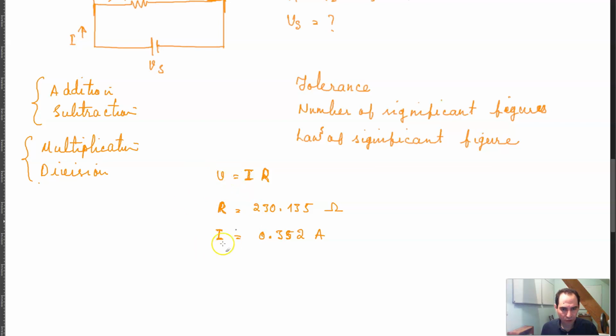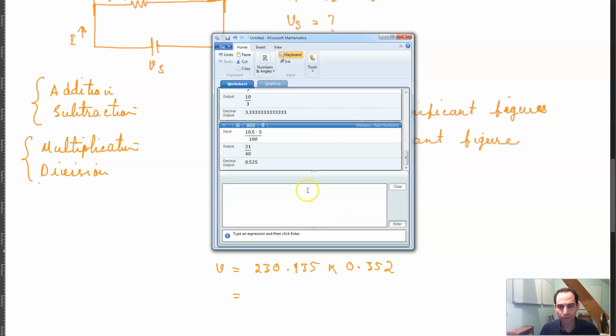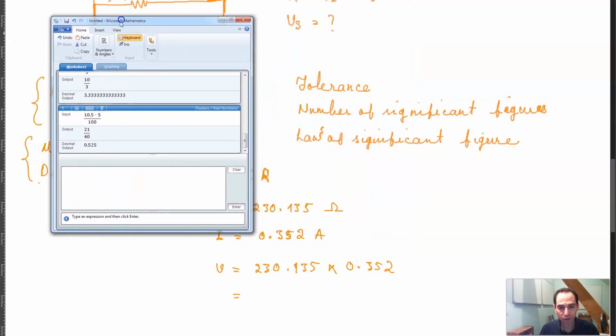Now, when you want to calculate the voltage across this resistor, V is equal to IR would be 230.135 times 0.352, and if you use a calculator to calculate this, you will get a lot of digits.